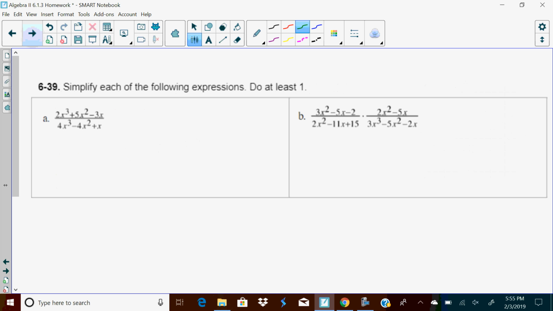Simplify each of the following expressions. So for the first one, I'm going to factor. First, I take out an x, and then I have 2x and x, and I'm going to have 1 and 3. That way I get 6 and 1, which is going to give me a positive 5.